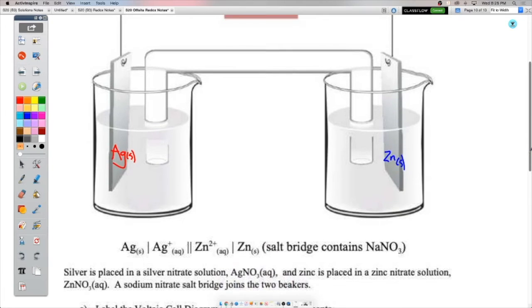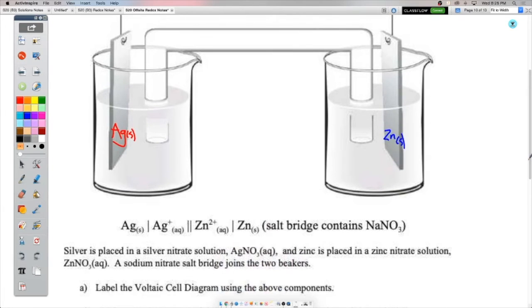So if it's placed in silver nitrate solution, that means floating around in here are silver ions and nitrate ions, right? So NO3 minus. A whole bunch of them, billions of them are floating around in solution. I'm not going to draw all of them. That means over here where it's placed in a zinc nitrate solution, what's floating around in here? Well, the two ions that make up zinc nitrate. So zinc 2 plus, and nitrate, NO3 minus.